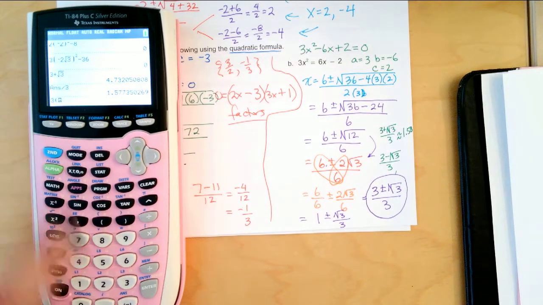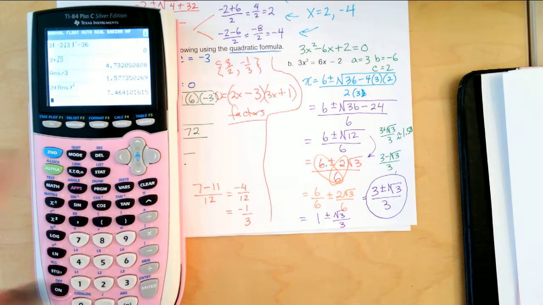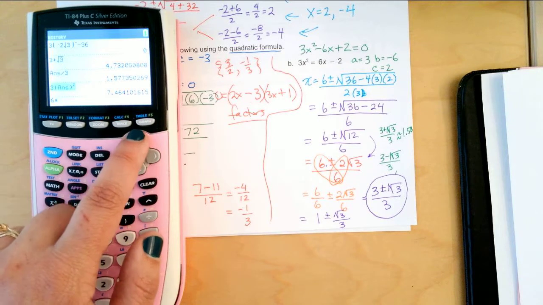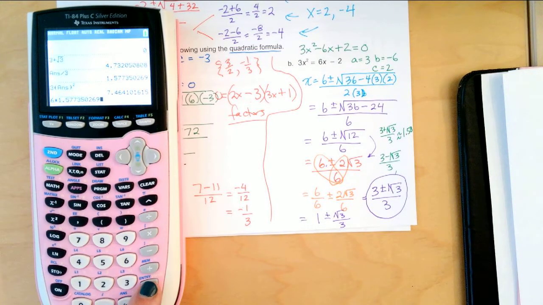If I use second A and S and I square that, that number, whatever that is, should be equal to the other side. 6 times, I'll go grab this A and S up here, 6 times that number minus 2. You see how they're the same? Basically, when I check, I take a solution, I plug it into both sides. If it works, then it's the solution.